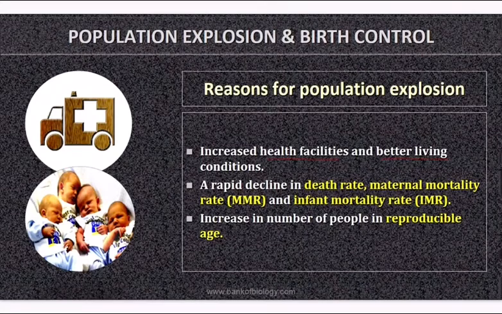And rapid decline in death rate. Mortality rate has come down, particularly maternal mortality rate, MMR, and infant mortality rate, IMR. These two, of course, are the deciding factors. On the positive side, yes, there should not be any deaths, but on the negative side, of course, we need to control it. It's not that we should increase this MMR and IMR, but other ways are there.